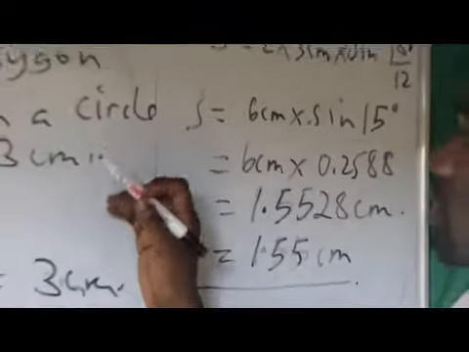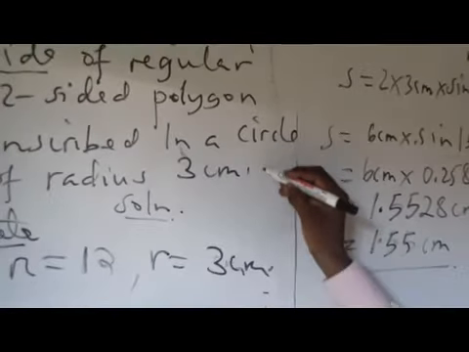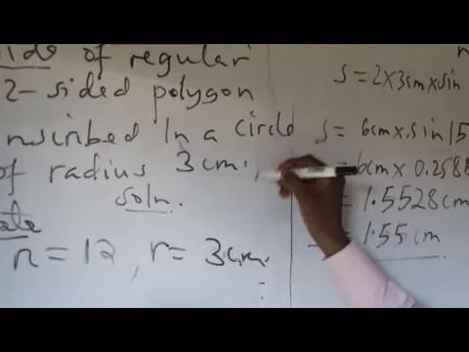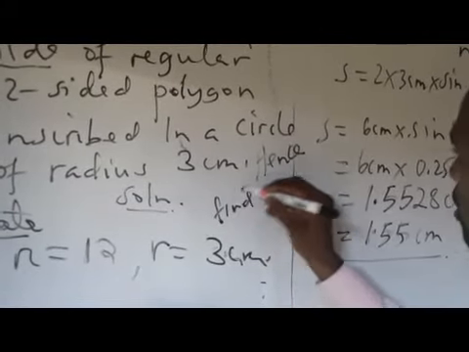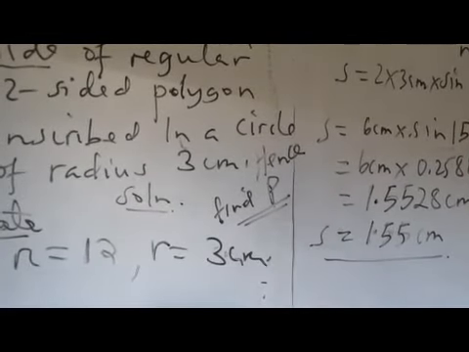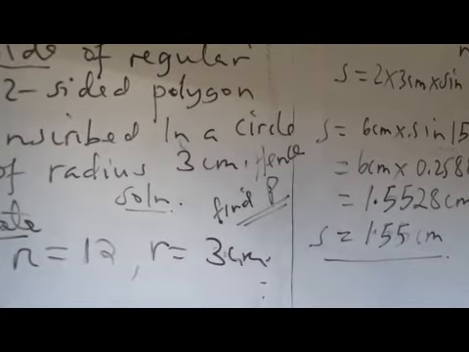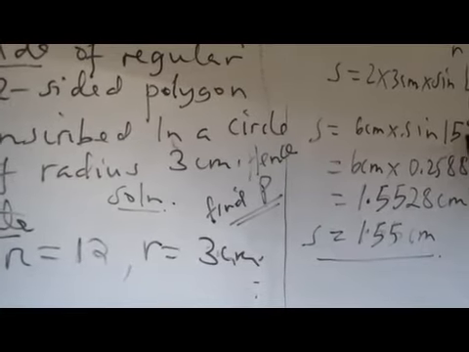This question is not saying to find the perimeter, but I can say, hence, find the perimeter. If the target is also to find the perimeter, we can continue so long as you have the value of S. It's very simple and quick. Let's check.